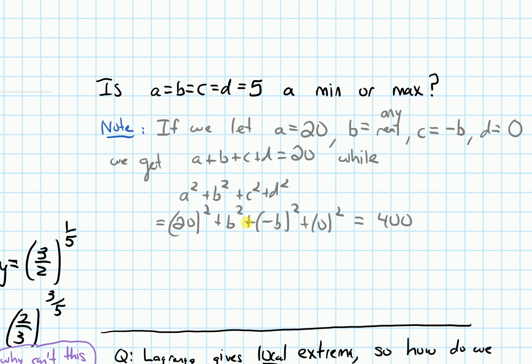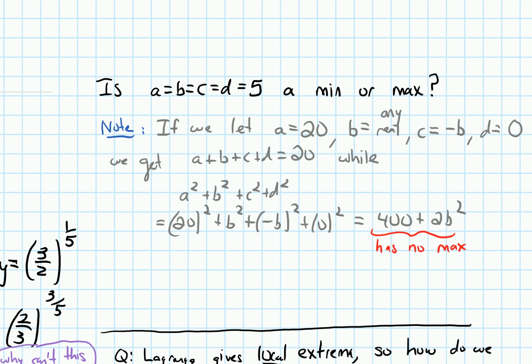So I'll get b squared plus b squared, which is plus 2b squared. In this expression, b can be any real number, and because of that, this could be as big as we want it to be. It can be arbitrarily big. So this has no max. And if that has no max in this specific case, that means our objective function in general is not going to have a max.